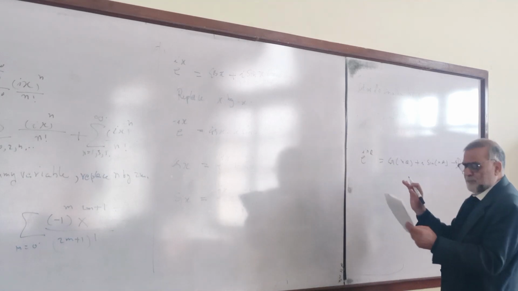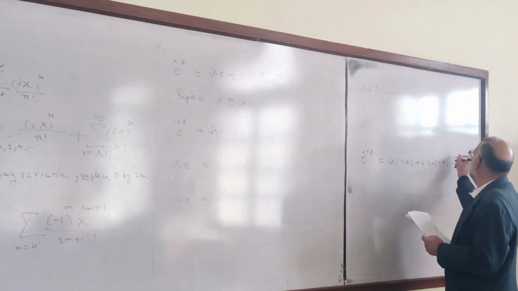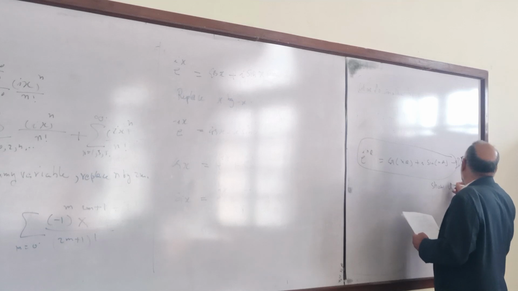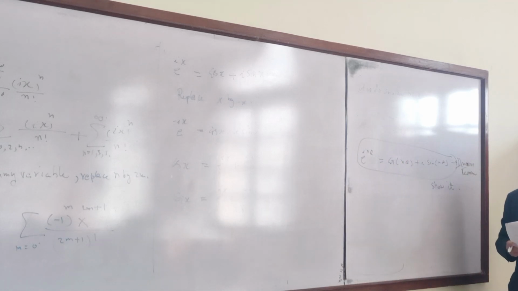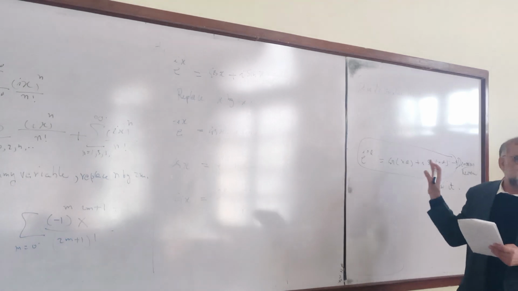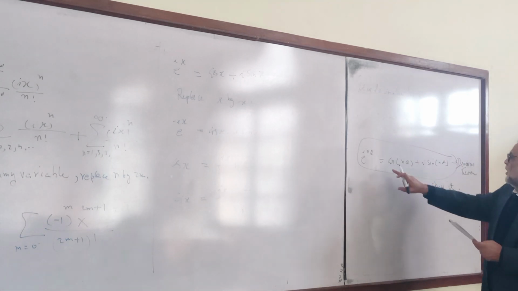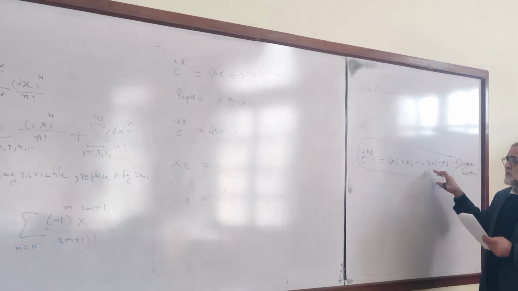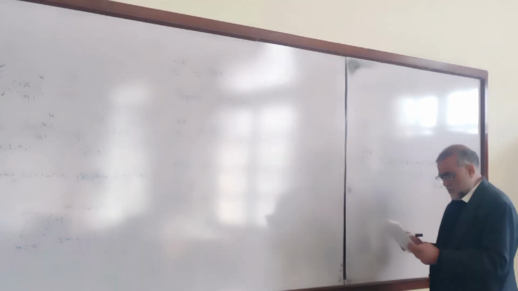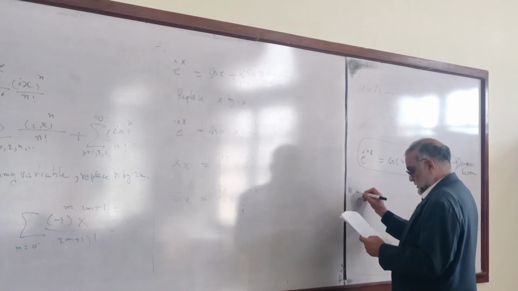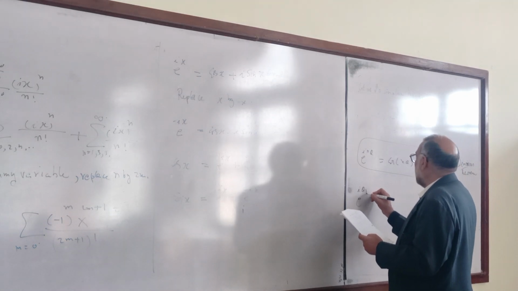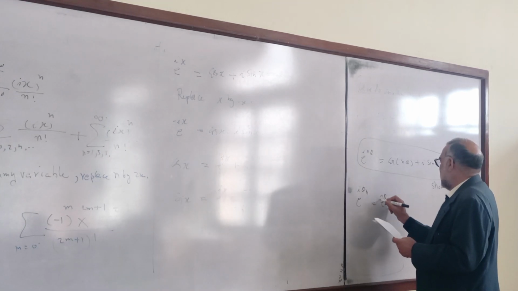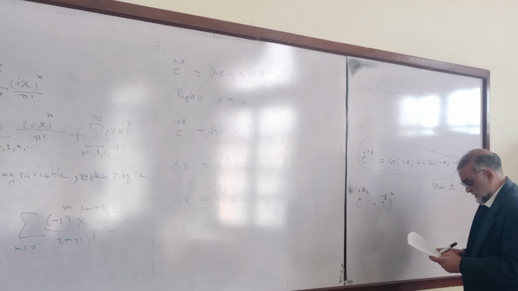So we can prove it, we can show how this comes out to that De Moivre theorem: e to the power i n theta equals cos n theta plus i sin n theta. Left hand side, e to the power i theta n can be written as e to the power i theta, all to the power n.